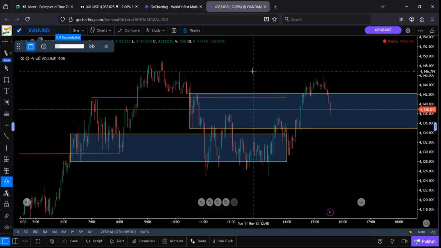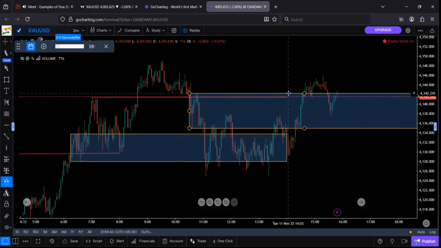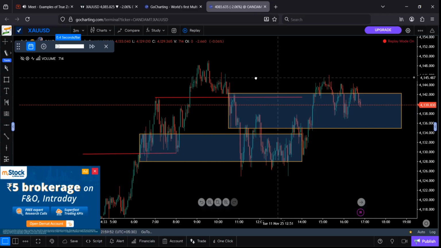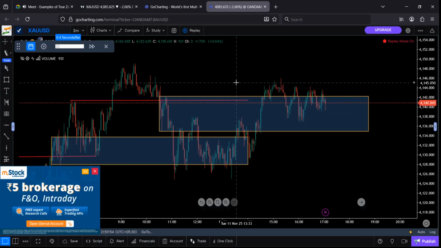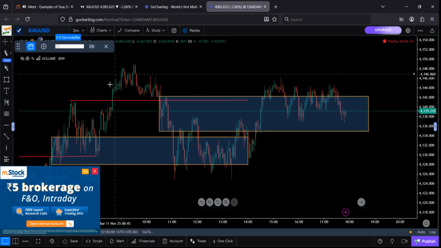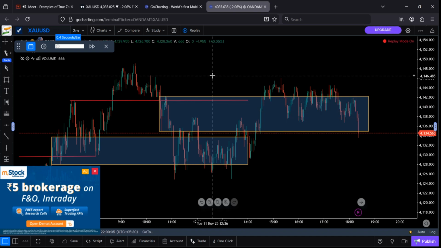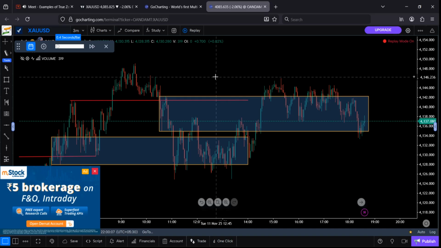What is happening here? Price crossed this TP. Why? Why did this happen? Maybe because there's not a setup within that same area, is this the reason, or is there some other reason?